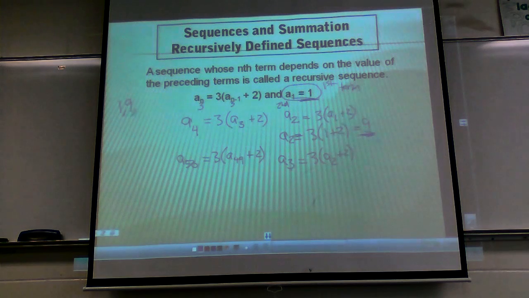I just found out my second term is 9, so 9 gets plugged into there. You have to have the last term to get through. So this would be 3 times 9 plus 2, which is 33. Then the fourth term, up here I said, 3 times the third term plus 2. So my third term is 33. 33 goes in right there. I do the fifth term, whatever this is, plugs into there.